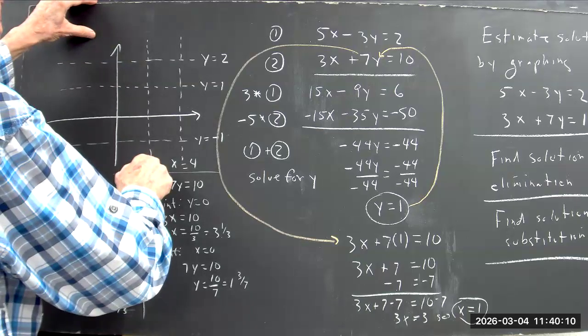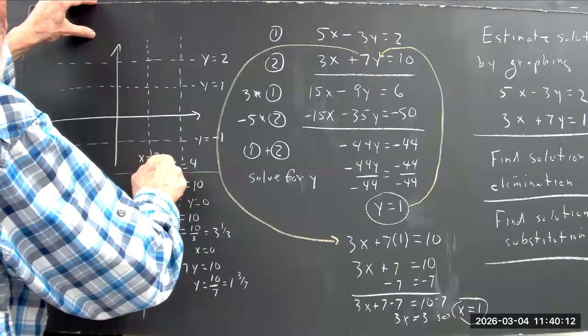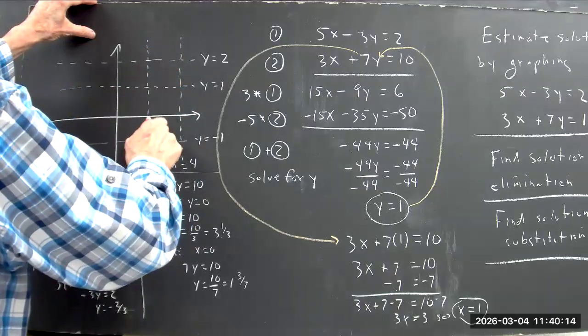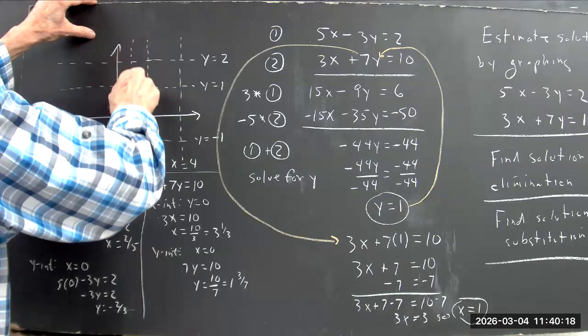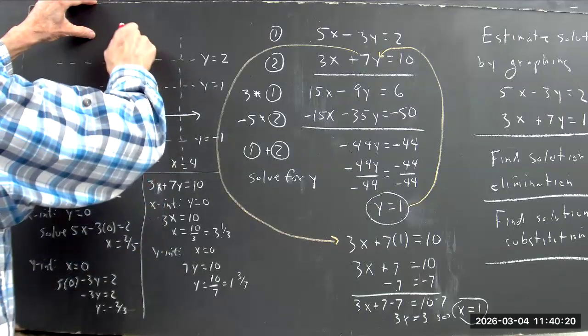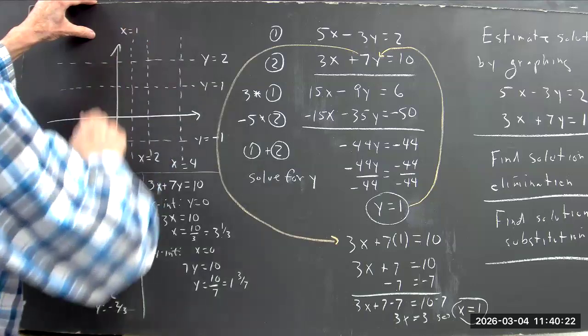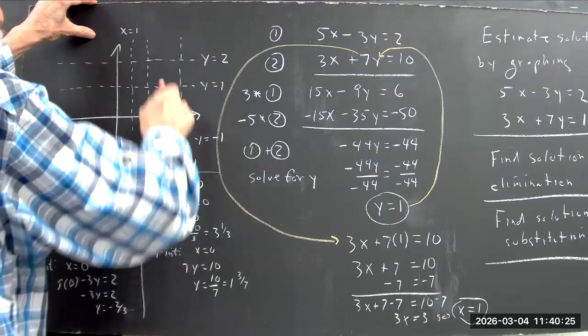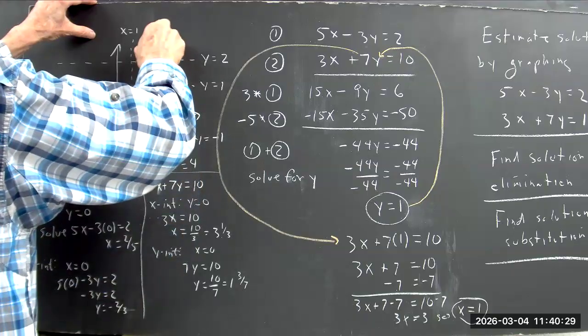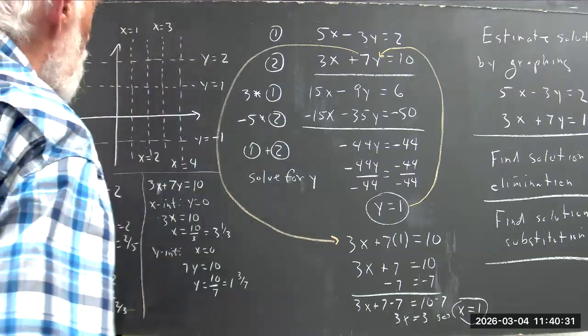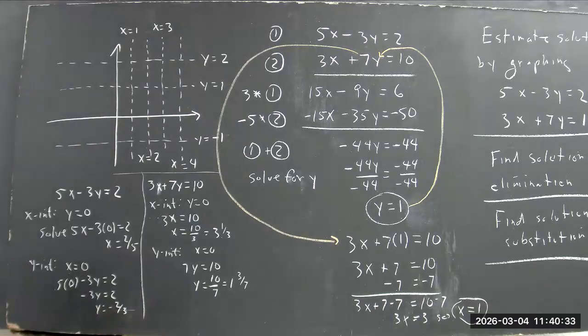I draw a line where x equals 2. And then halfway between the x equals 2 line and the y-axis is my x equals 1 vertical line. And halfway between the x equals 2 and x equals 4, we're going to have x equals 3. So now we can pretty accurately locate our points.